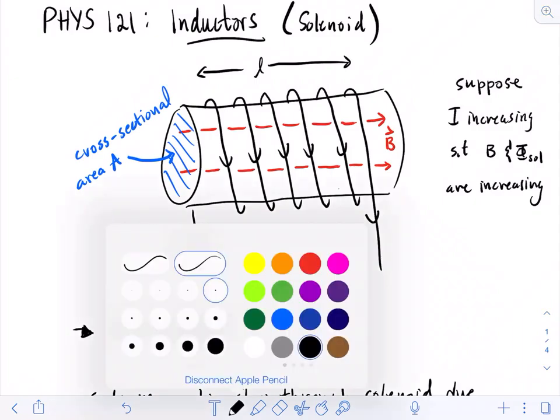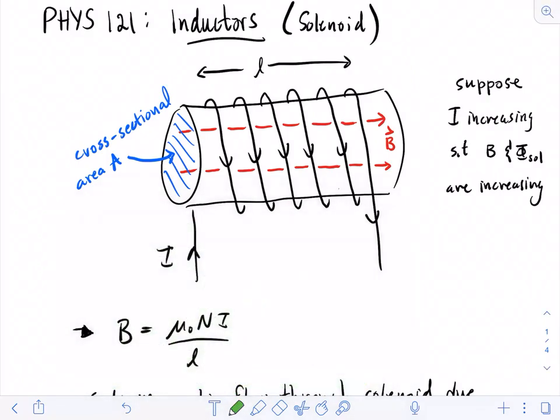Well, what Lenz's law tells us is that the induced magnetic field opposes that change in flux. And so if the flux is increasing, we're going to get a B induced that tries to oppose that increase. And so it's in the opposite direction of B.